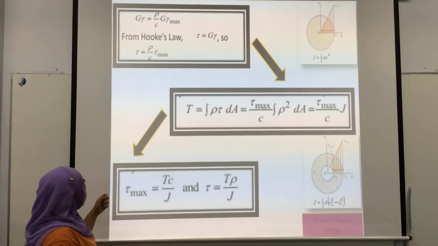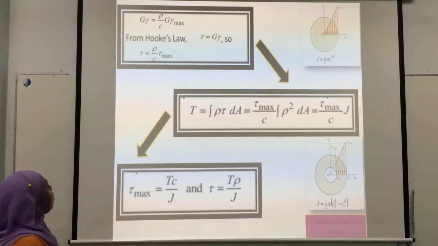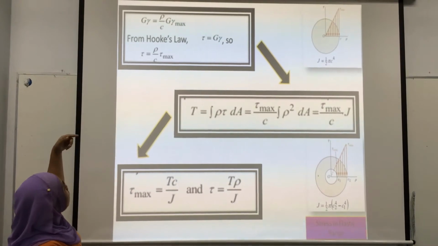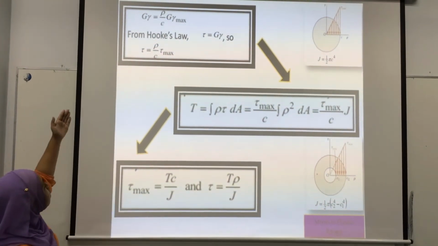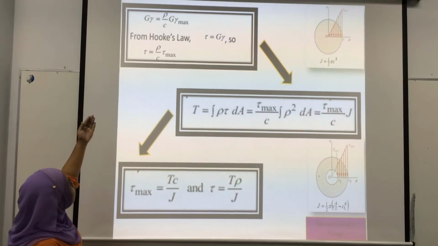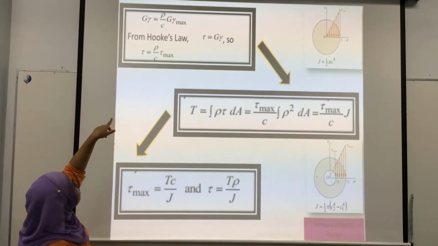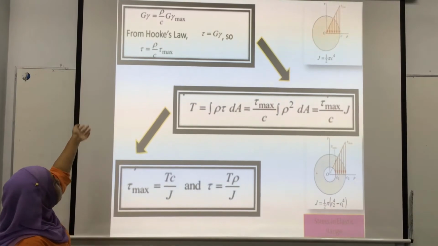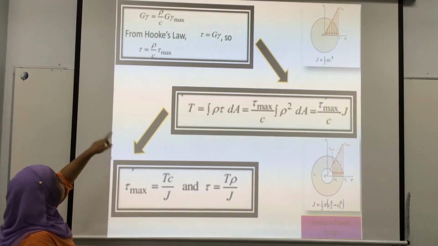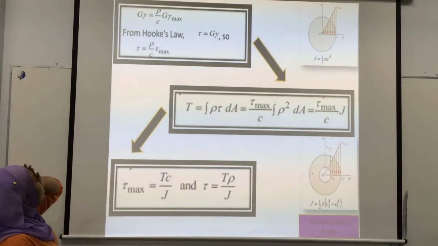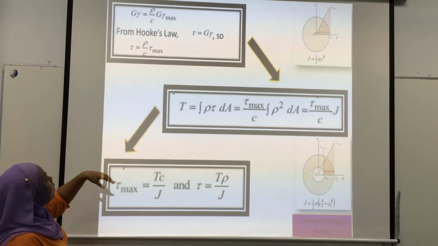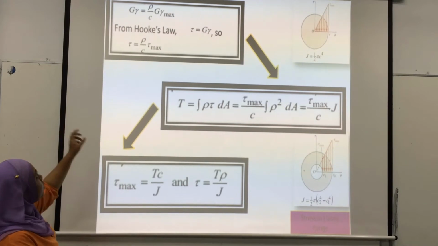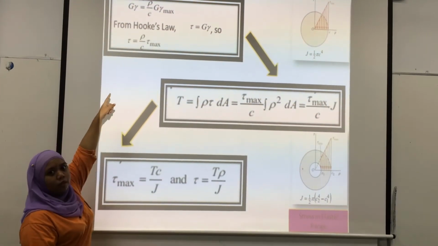The maximum torque. Firstly, we can look at the first equation from the shear modulus, shear strain, and then there is radius, shear strain and maximum shear modulus. So if we insert Hooke's law into that equation, it will form this equation.